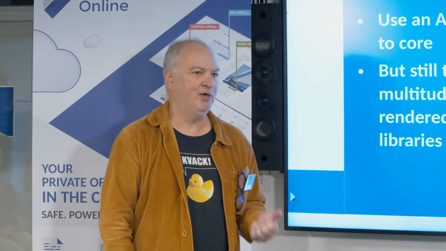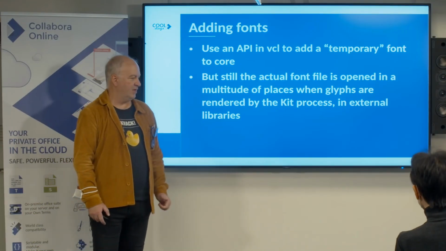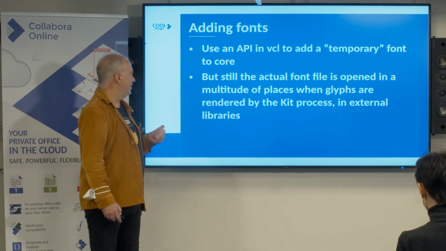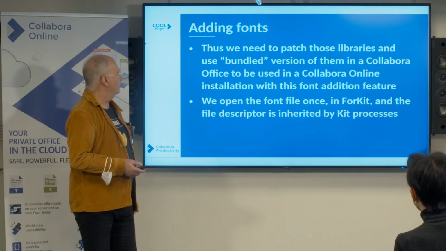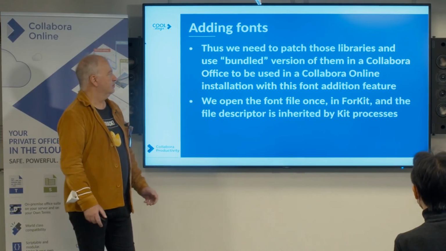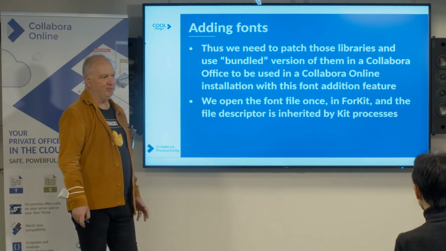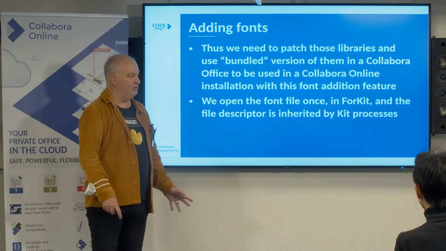I think these four are the ones that want to open font files. And as these font files are not visible to the kit process, this is problematic. So we need to patch the source code of these libraries and include these patched versions in Collabora Office when we want it to be used by Collabora Online.